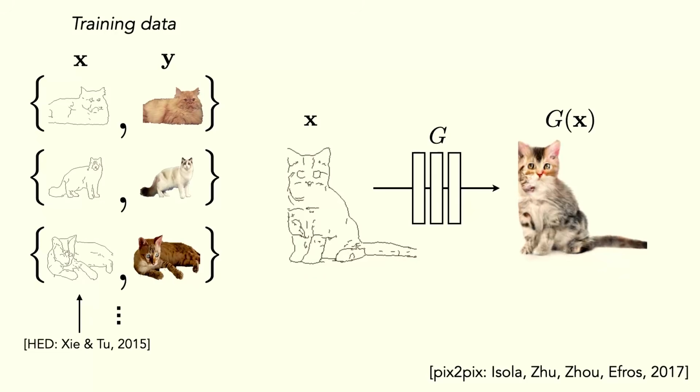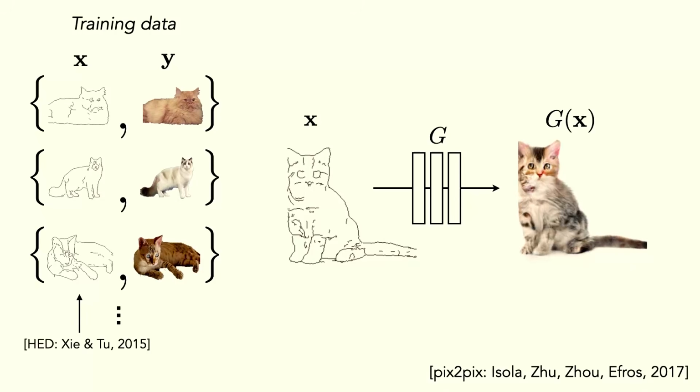It happens to be sketches to photos. In this project we didn't use human hand-drawn sketches because those are expensive to acquire. Instead we used something called HED, an edge detector, which is a proxy for what a human might have drawn, but it doesn't quite match what a human would really draw.